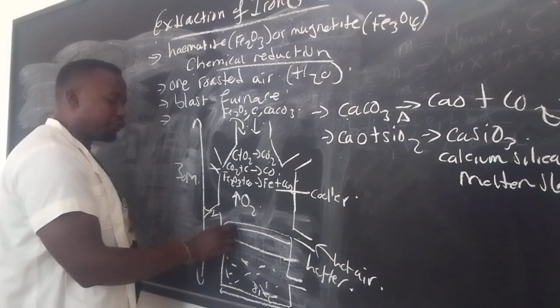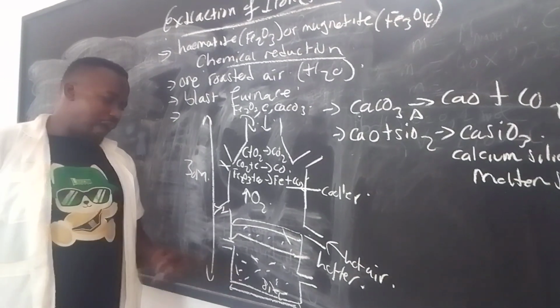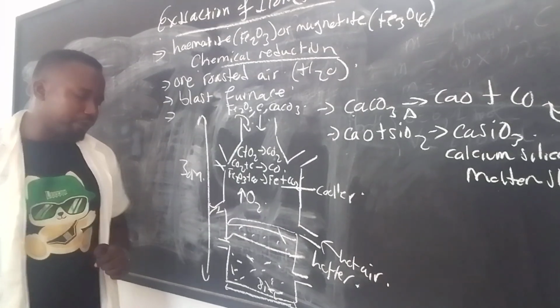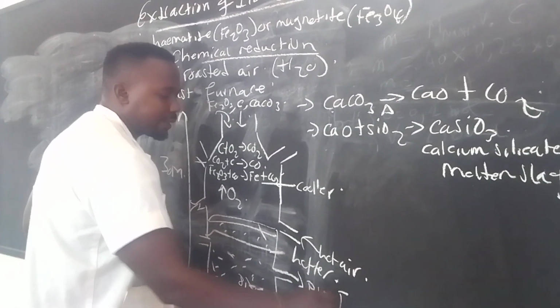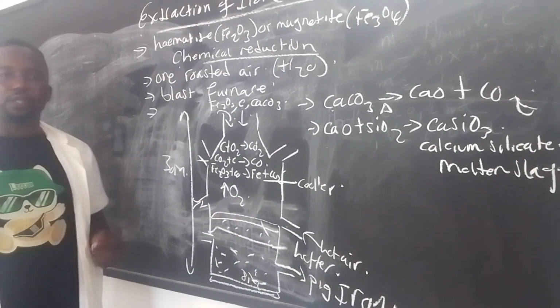That will move and float above the iron. The iron and the molten slag are collected from separate taps, in which the iron collected is called pig iron. That is where the extraction process ends.